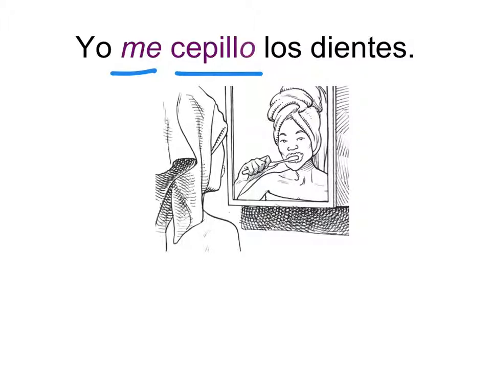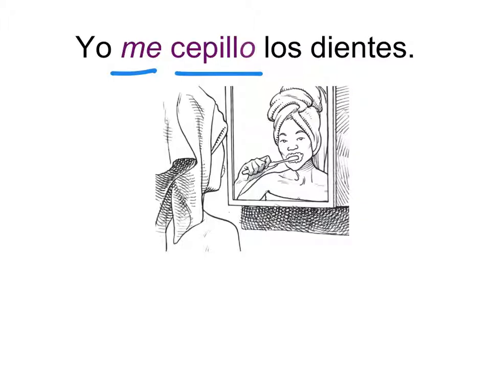So say when we're talking about others, me when we're talking about who? Myself. Have we seen me before this semester? Absolutamente. We had 2 chapters with me as a direct and indirect object pronoun. And really, this is like using me as an object pronoun because you're doing it to whom? To oneself.